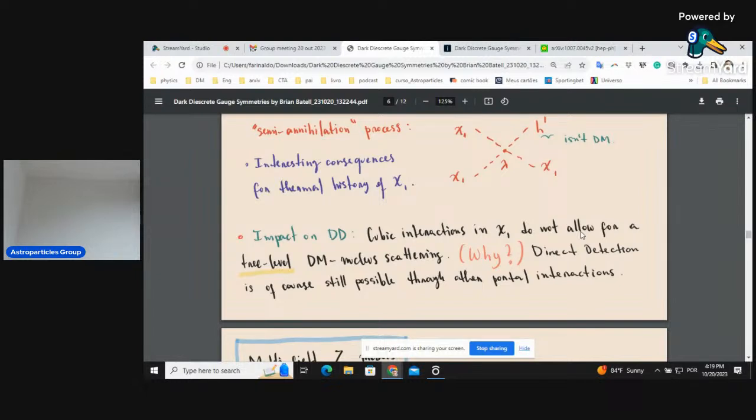And that bound is around 10 to the minus 26, so it's in the ballpark of the thermal relic. So even if you have a cross section that would give a thermal relic be very small, let's say the canonical scenario we have this, right? That's what we have.